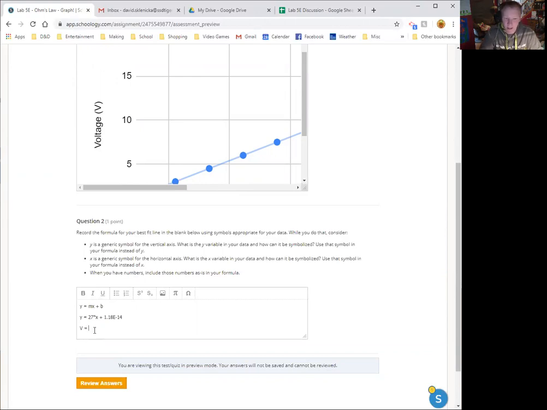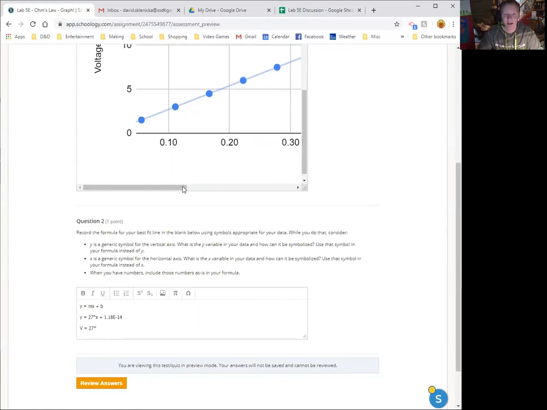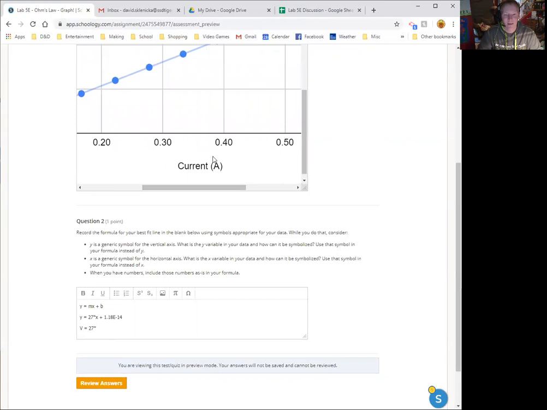It's, as it says in the instructions here, numbers we can just keep. But now we're on to x. So let's go down to our x-axis. We see that current is what I am measuring down here. That's my x variable. So I want to put in a symbol for current. Current, remember, is symbolized with the letter I. Not A, which is the abbreviation for the unit, but I. It comes from French.